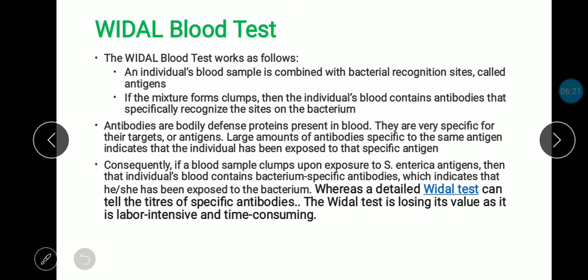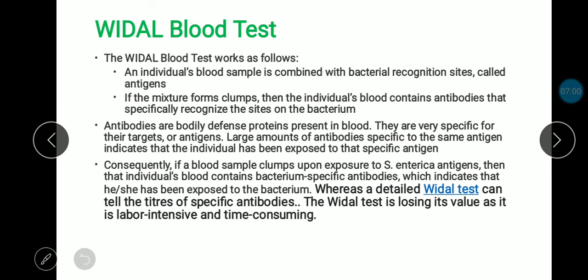The Vidal blood test works as follows. An individual's blood sample is mixed with bacterial recognition sites, that is antigens. If the mixture forms clumps, then the individual's blood contains antibodies that specifically recognize the sites on bacteria. The antibodies are bodily defense proteins present in blood. They are very specific for their targets, or antigens.